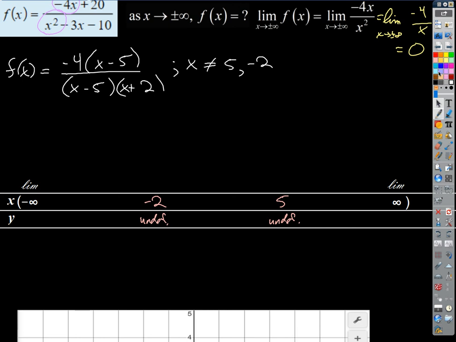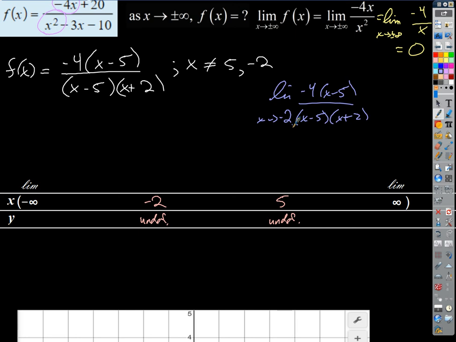Let's just explore this, and then we'll graph it on Desmos and see if our predictions are what actually happens. So the limit of negative 4 times x minus 5 over x minus 5 times x plus 2 as x approaches negative 2.